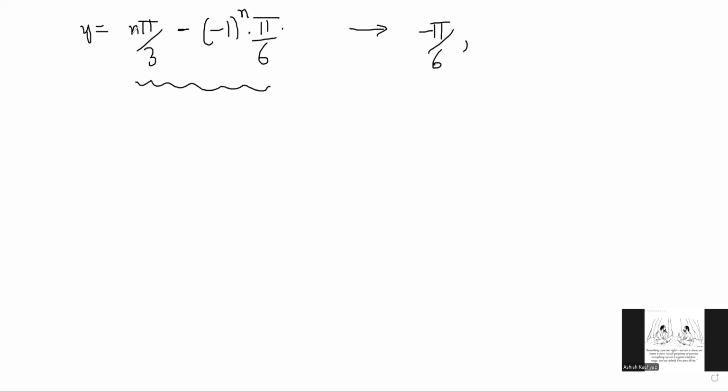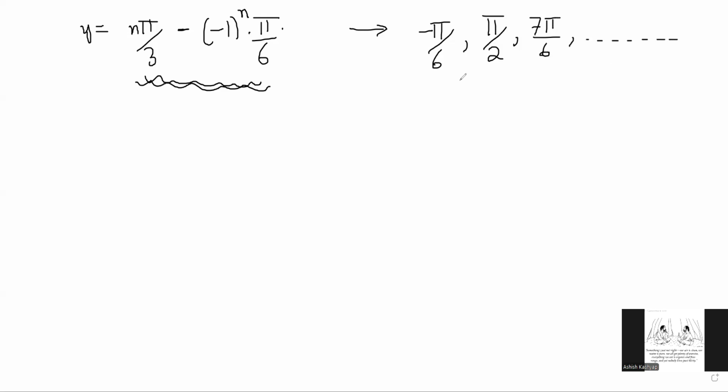If you put n as 1, you'll get pi by 3 minus 1 power 1, so plus pi by 6. Pi by 3 plus pi by 6 when n is 1, so that is actually pi by 2, I think. If you put n is 2, you get 2 pi by 3 minus pi by 6. So 120 minus 30, again pi by 2 is coming. n is 3, you get pi minus minus becomes plus pi by 6. So 7 pi by 6.